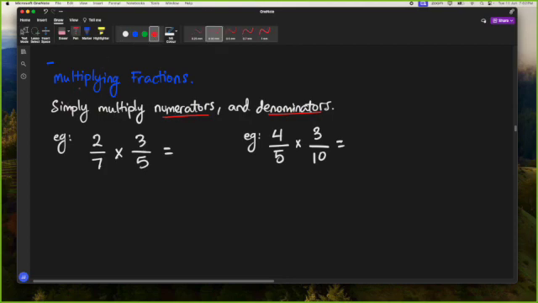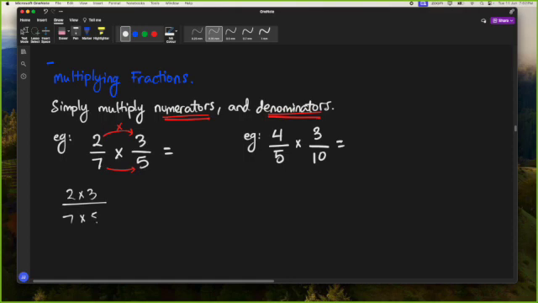So to multiply fractions, you simply multiply the numerators and the denominators. That is all. That is it. That is everything. So if you have this fraction here, 2 over 7 multiplied by 3 over 5, just multiply 2 times 3, and then you just multiply your 7 times 5.